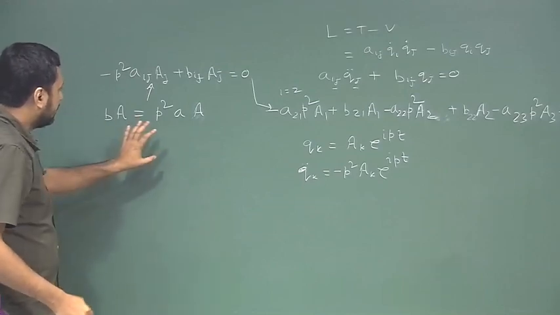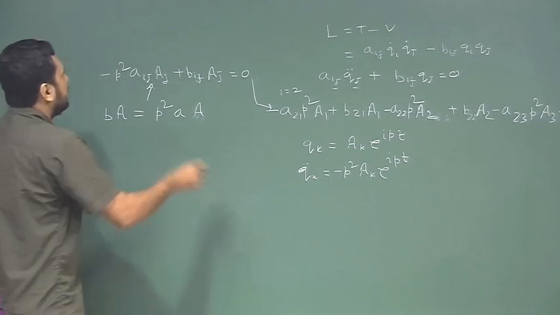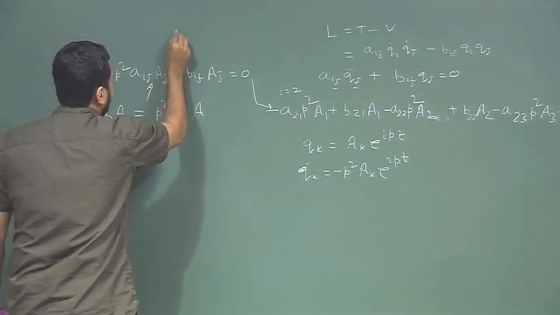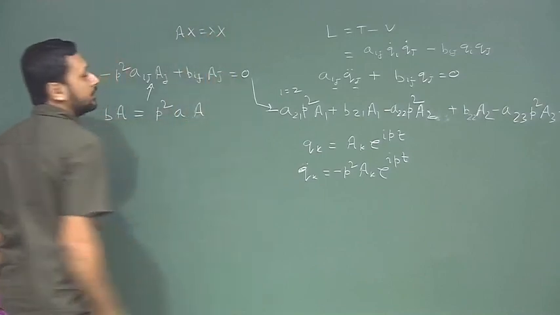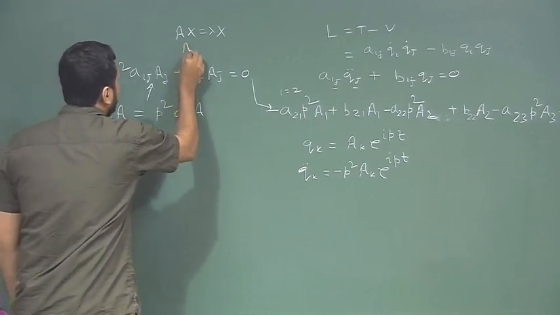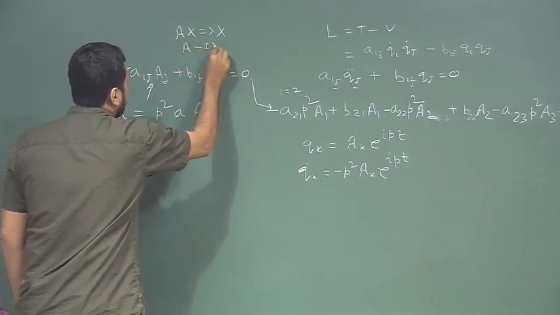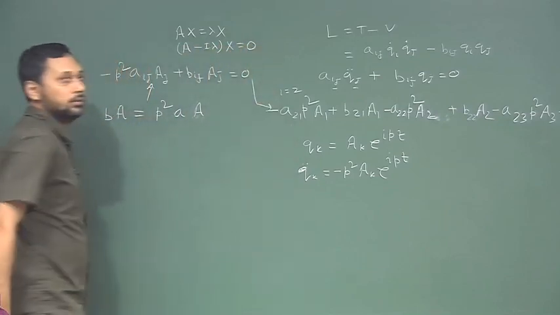Now, is it not something similar to the eigenvalue problem we have solved? We have solved eigenvalue problems which have the form, let us say, A x equal to lambda x. If you recall, what we did was take A minus lambda I to one side acting on x, and put it equal to 0.